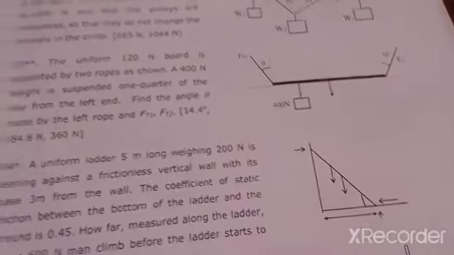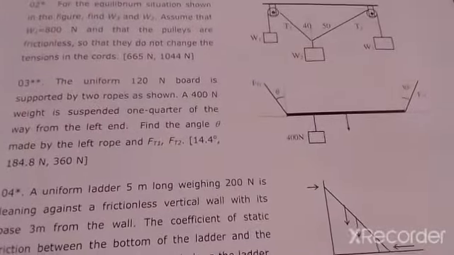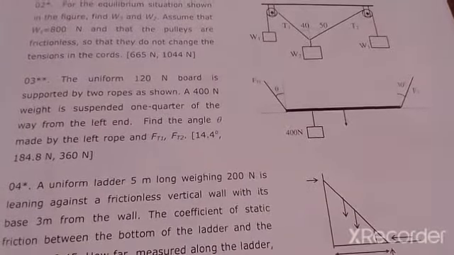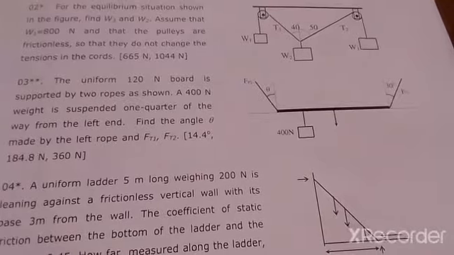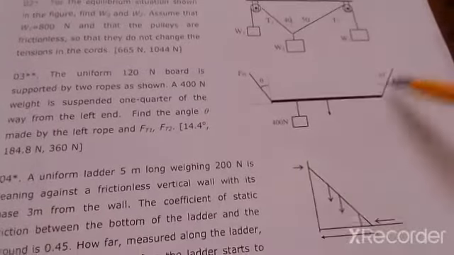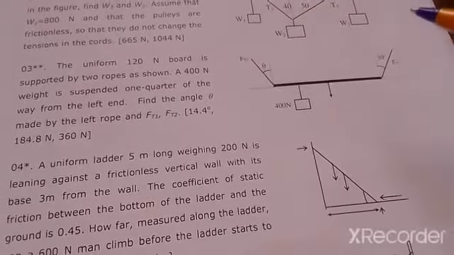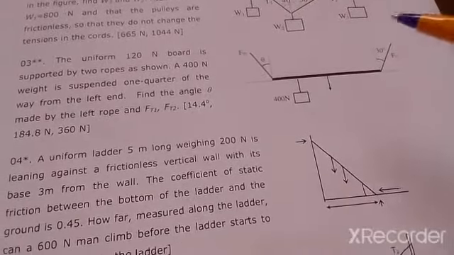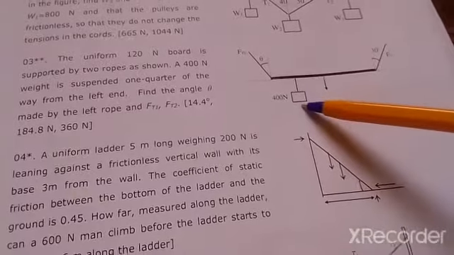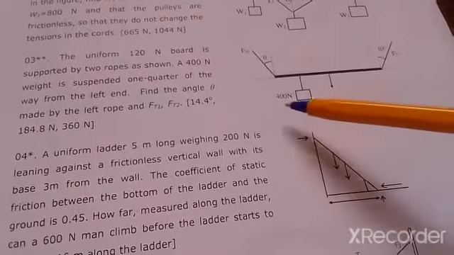This is our question 3. It reads: the uniform 120 Newton board is supported by 2 ropes, as shown. A 400 Newton weight is suspended 1/4 of the way from the left.